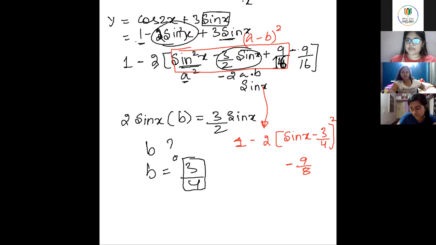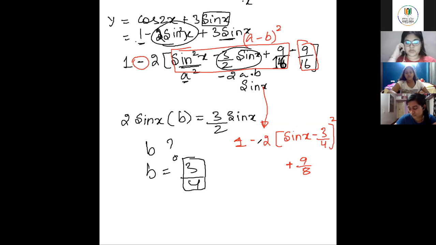Why 9 by 8? Because if I take out 2, it will be multiplied to this value, becomes 9 by 8. Okay, now this is easy. If I have to go for a minimum value or maximum value, yeah, sorry, plus 9 by 8. This here is a minus also, so becomes plus.